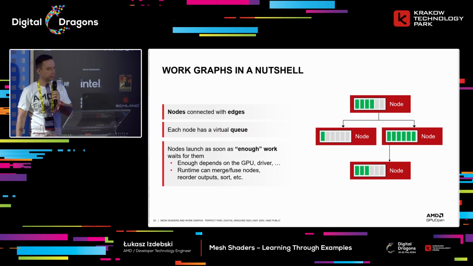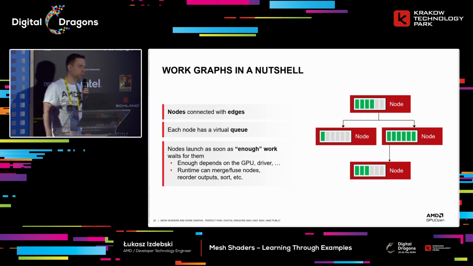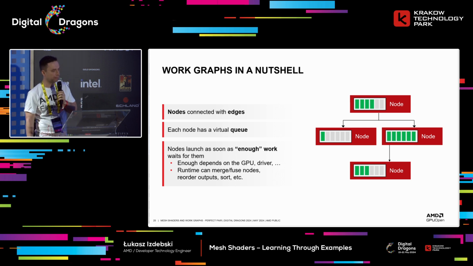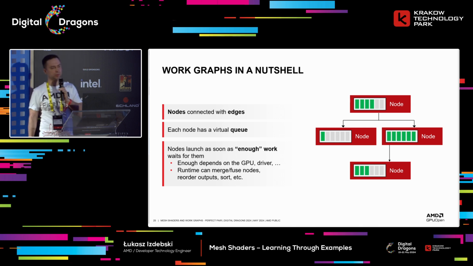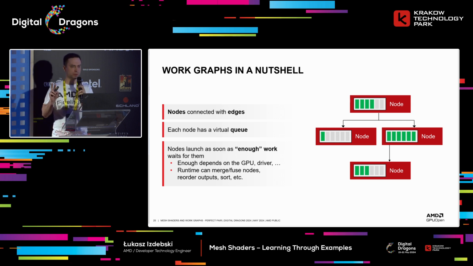So, in a nutshell, with work graphs you write a node. A node can be written using a compute shader, and every node is connected by edges to another node, and every node contains a virtual queue.